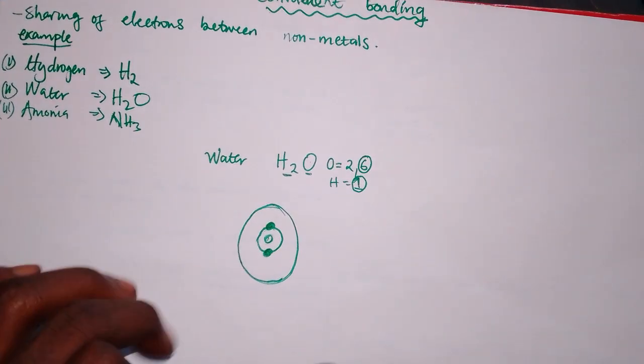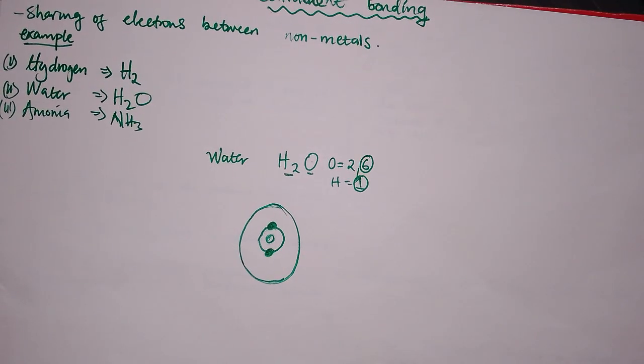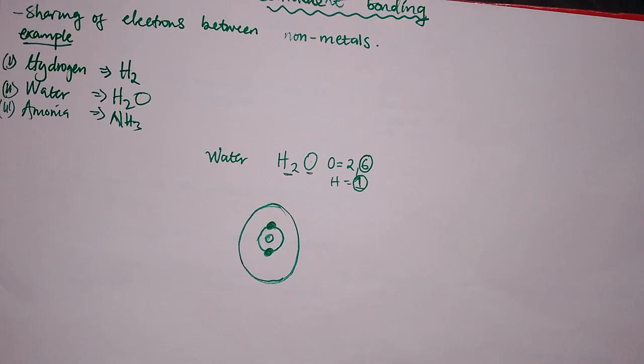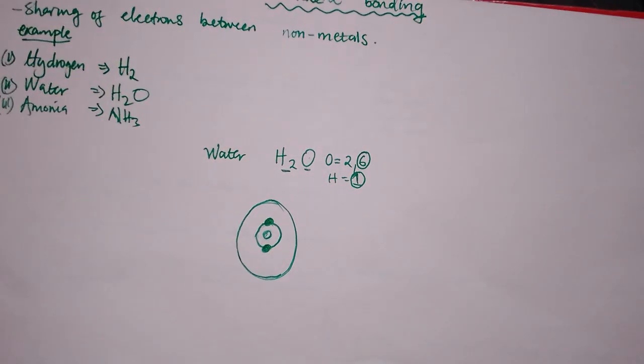How many electrons does oxygen need to attain 8 electrons? Oxygen only needs 2. But the problem is hydrogen only has 1.